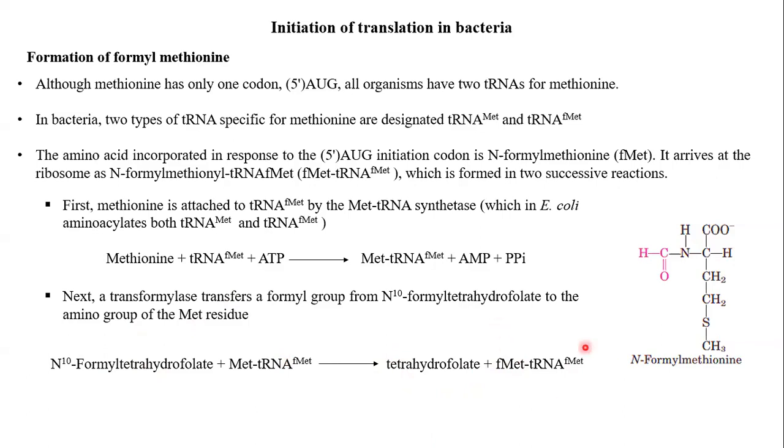Now this transfer RNA becomes charged with fMet. Here you can see this is the formyl methionine, this is the normal methionine, and this is the formyl group, CHO. So now this becomes the first transfer RNA which is used for initiation.